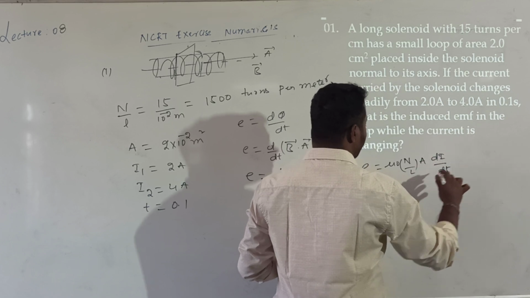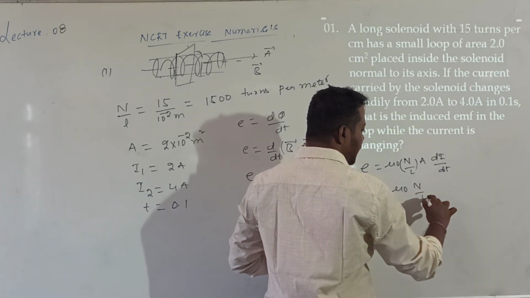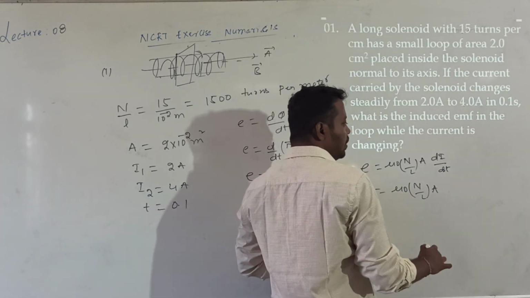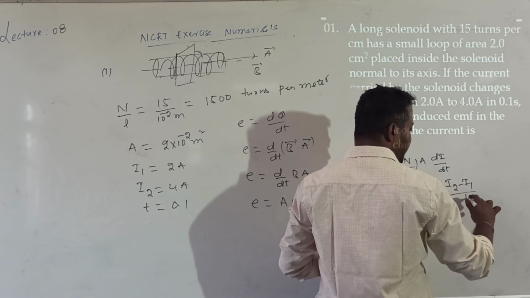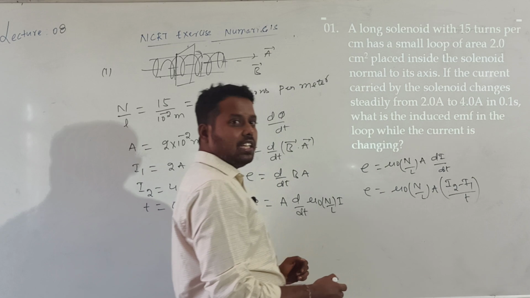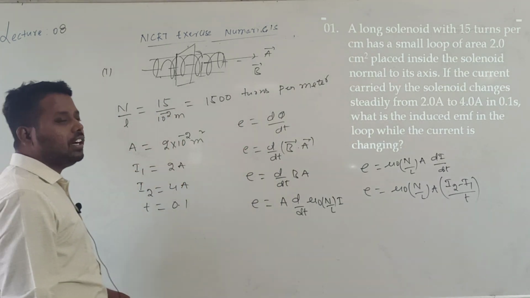This di by dt, the rate of change of current, can be written as I2 minus I1 by t, the final current minus the initial current divided by the time.